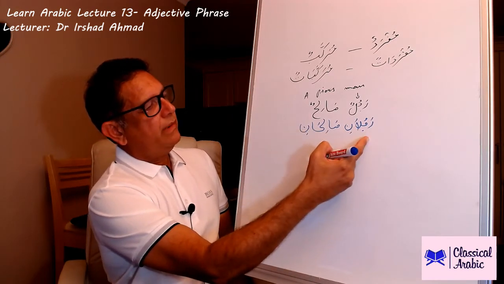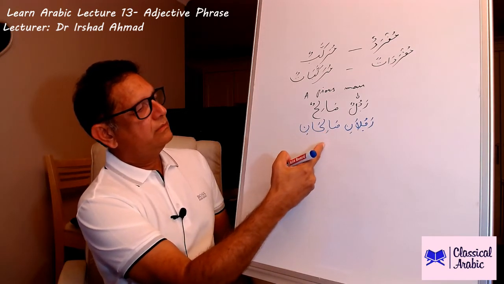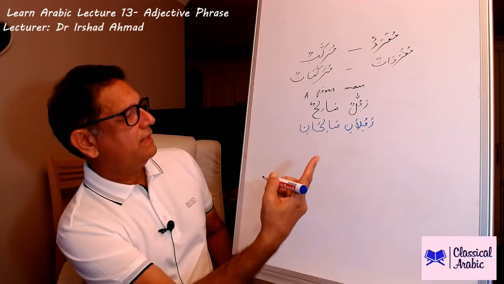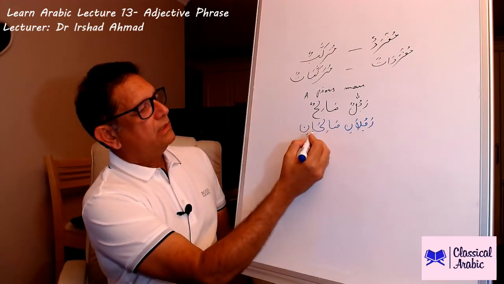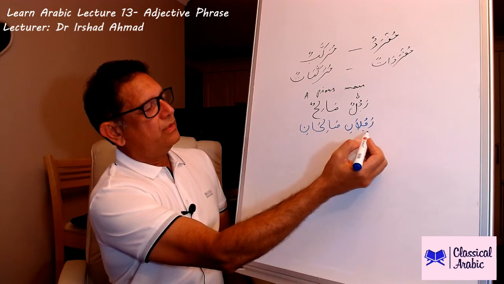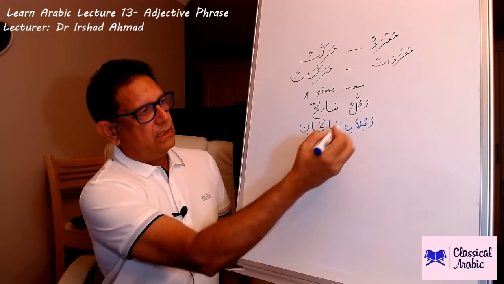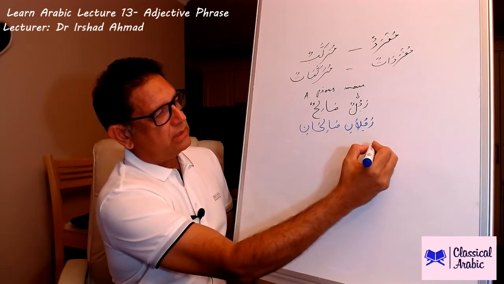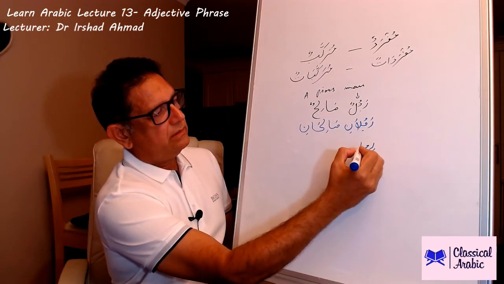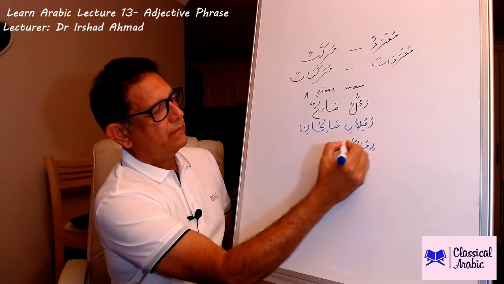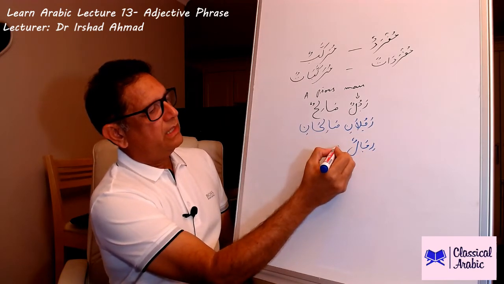Two men, two righteous men. So sifa will have to follow mawsuf, rajulani, salihani, and its plural is again jama mukassar, rijalun, and this will become jama as well.